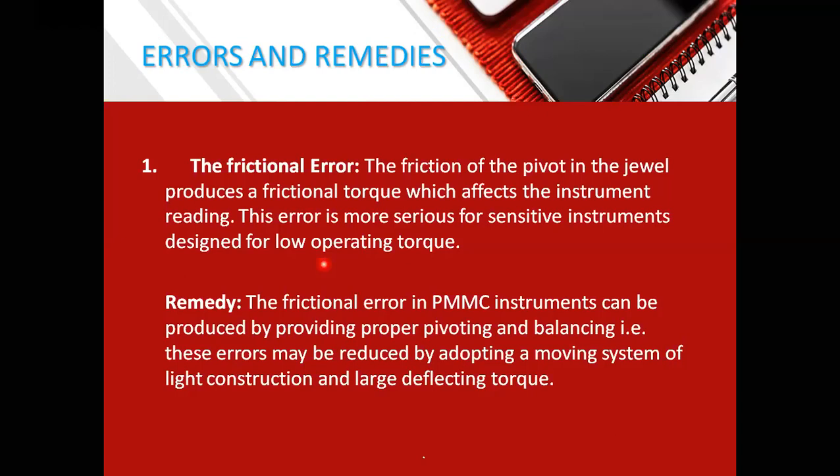So PMMC will have that friction torque, which is produced between pivot and the jewel. Low operating torques cannot be shown in PMMC. So PMMC is suitable for a bit high torques.